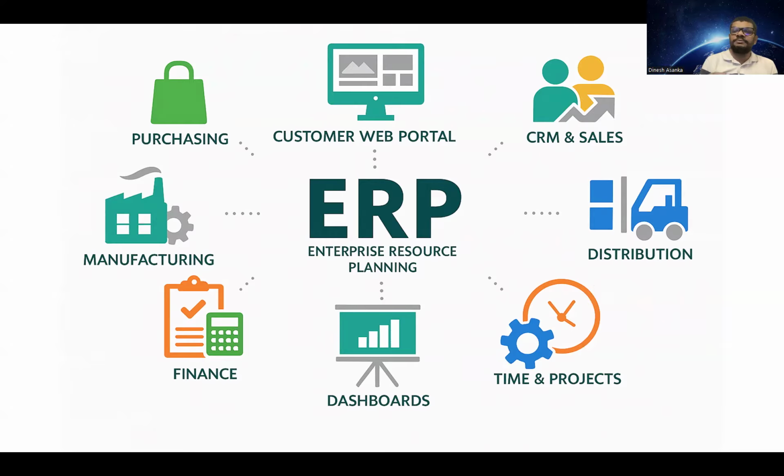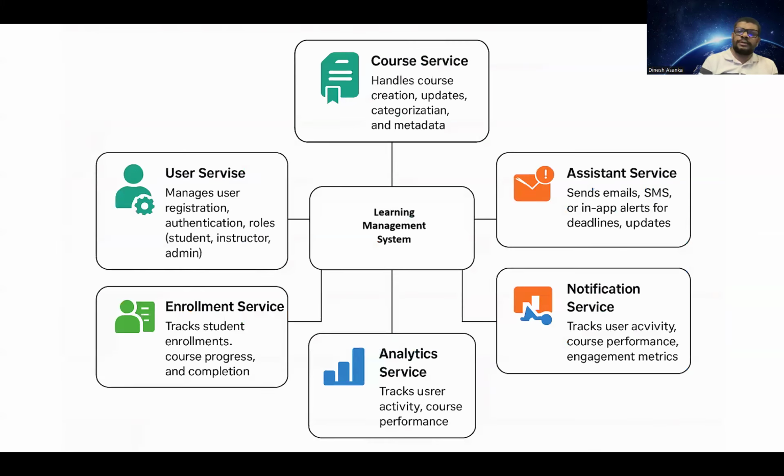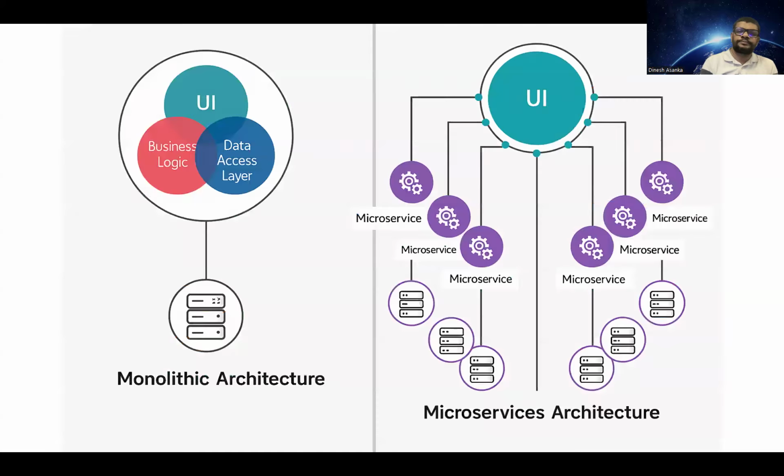One very important thing is how you distribute these microservices. Take the LMS, which we are all familiar with. If you look at the LMS, you can divide it into different services as shown in this diagram. In the monolithic architecture, your UI, business logic, and data access layer are all in one.